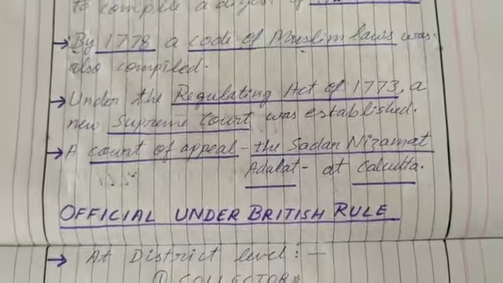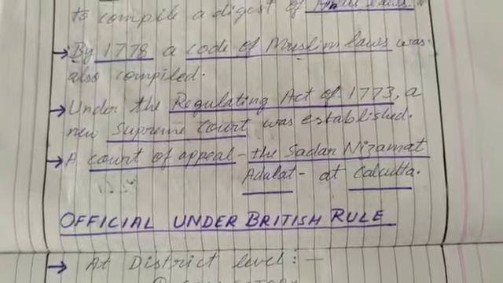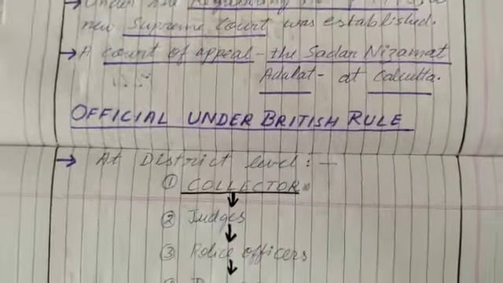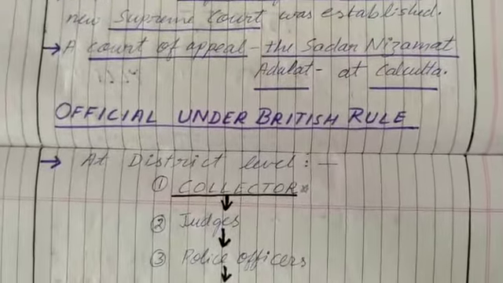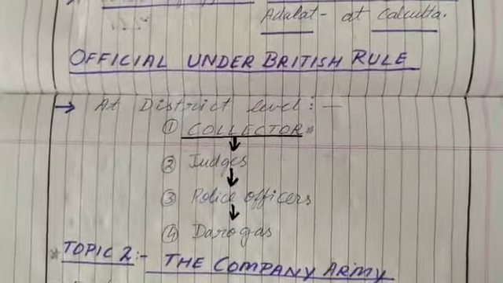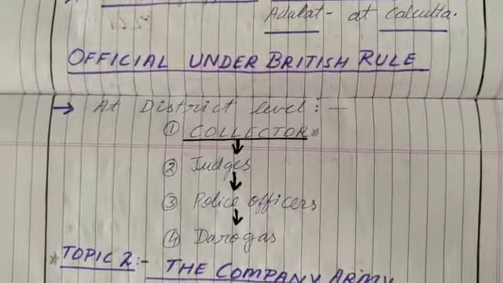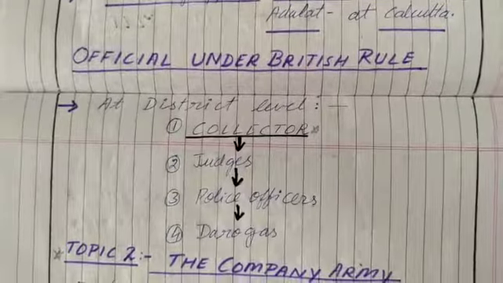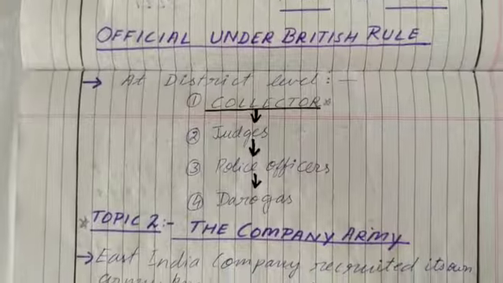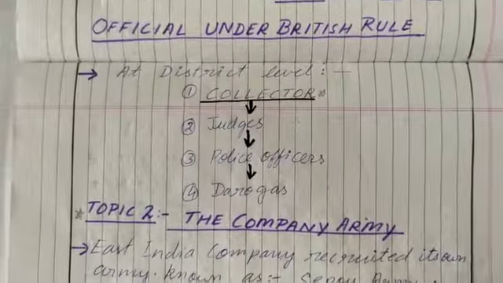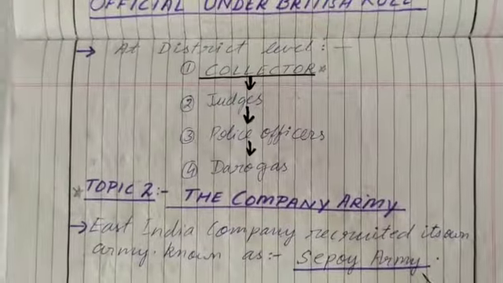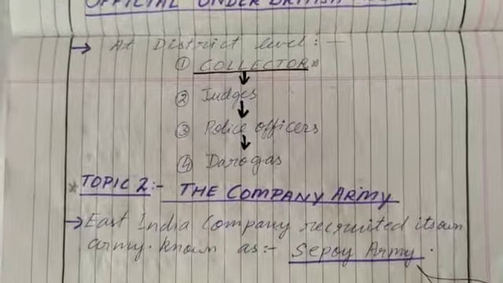So now the company wanted to introduce some very important changes in the army also. But before we see that, we have to focus on who were the important officials during British rule. So at district level, the collector was the most important official, and he was helped and supported by the judges, police officials and darogas.